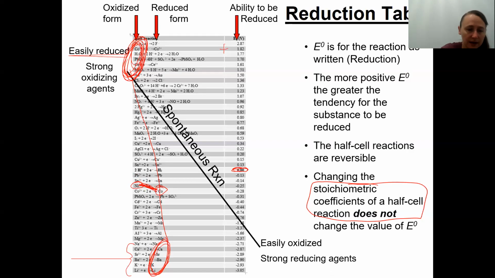So we get this diagonal here, and that shows you where the reaction goes. Now, if we put these two substances together, the other part of the reaction is the products. So let's write this out. If I put nickel 2+ with cobalt solid, they will spontaneously react and produce nickel solid and cobalt 2+.